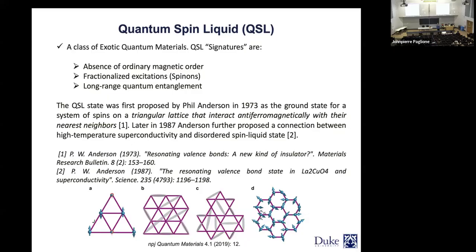In case you had only one bond and you were going to break that bond with, say, neutrons, you would have a particular range of energy that can do that. But if you have a continuum of excitations, then your neutron data is going to look like a continuum. Okay? So we're going to come back to this.